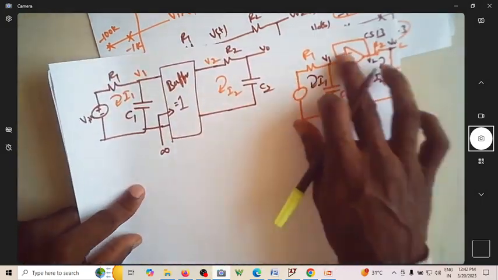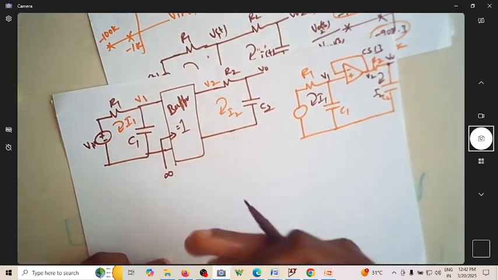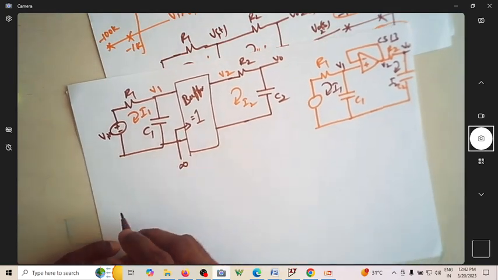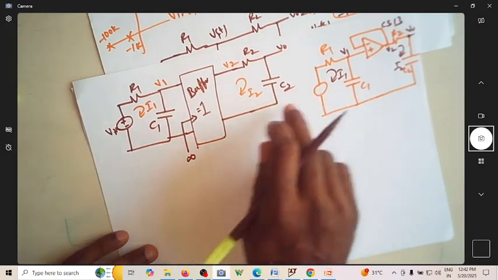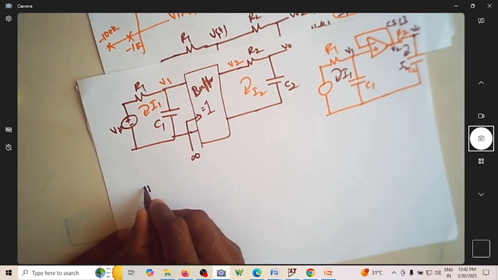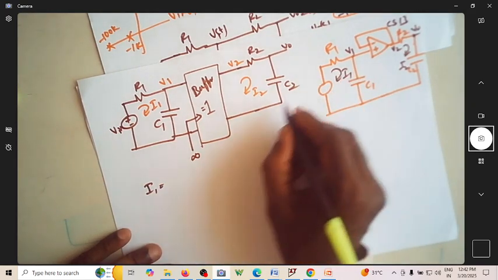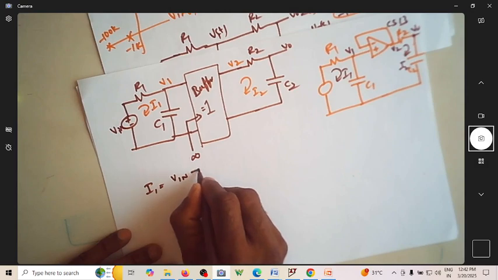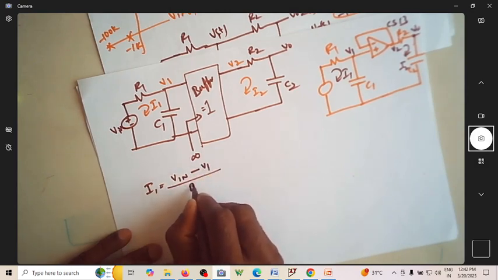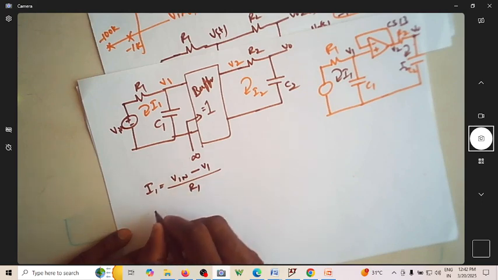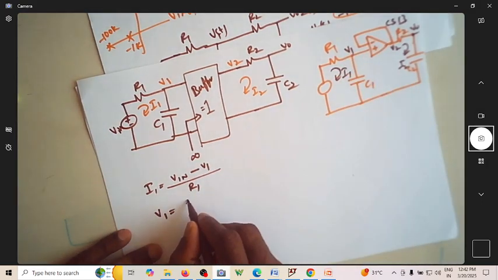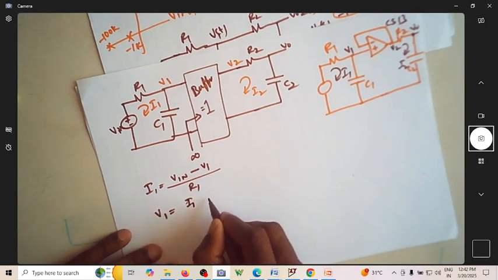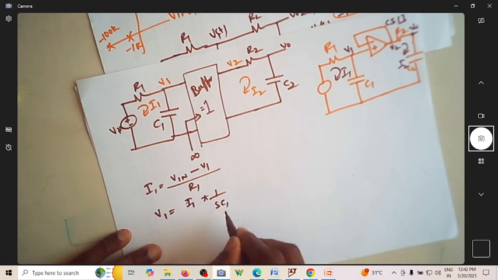Now how do I write the equations for this circuit? What is I1? I1 is nothing but V in minus V1 by R1. What is V1? It is the drop across the capacitor, that is I1 multiplied by 1 over SC1. What is V2?